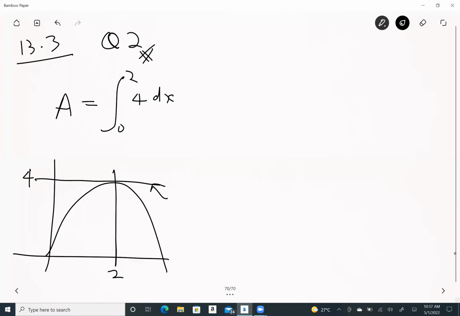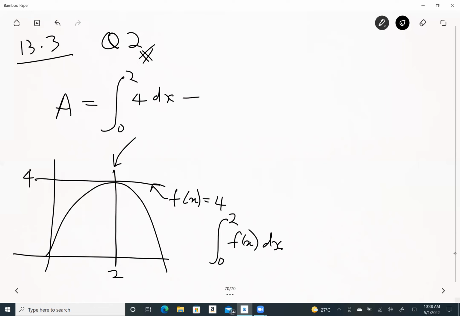The horizontal line is f of x equal to 4. So the area we are talking about is from 0 to 2 of f of x. We can do it directly because the function is f of x equal to 4, or y equal to 4. So that is the bigger area, the rectangle.